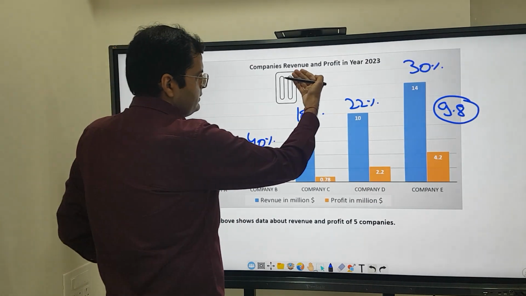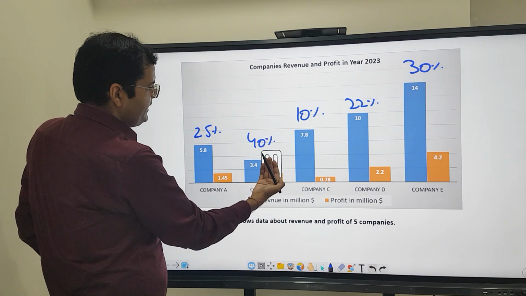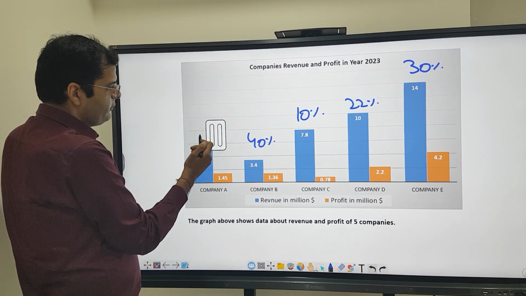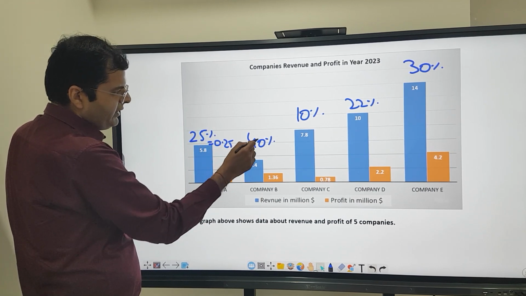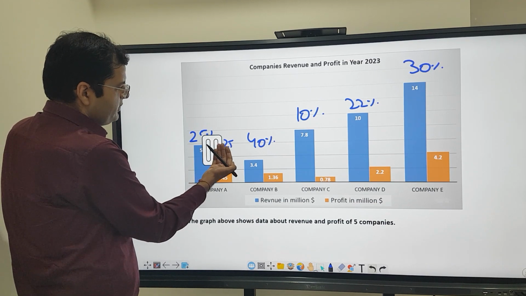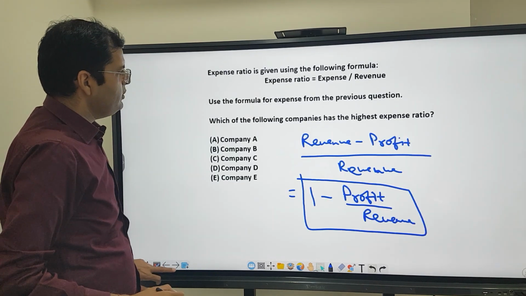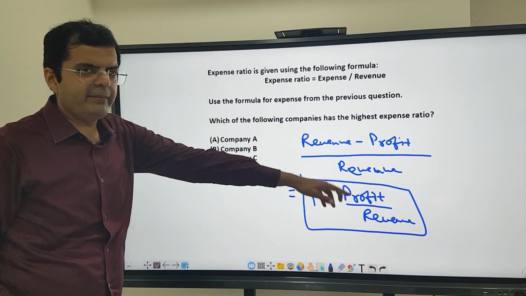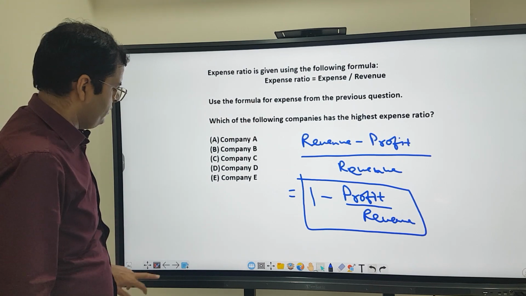So if the profit percentage is 25%, profit upon revenue will be 0.25 in decimal value. Here in decimal value it is 0.4. So if I know the profit percentage, I can find out the expense ratio easily, because that is nothing but 1 minus this. We have to find which company has the highest expense ratio.